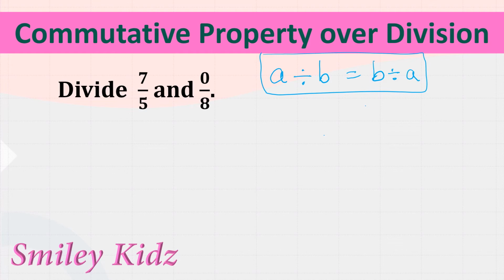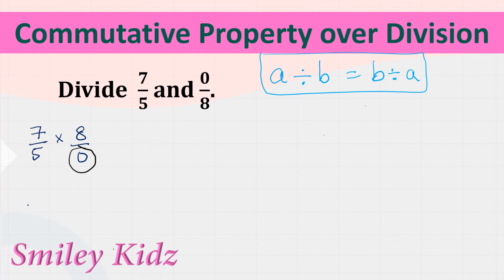Our example here is divide 7 by 5 and 0 by 8. 7 by 5 multiplied by 8 by 0. So, here if you have observed, we are having the denominator as 0, which is not a rational number. A rational number is a number which is in the form of p by q, where p and q are integers and q is not equal to 0.